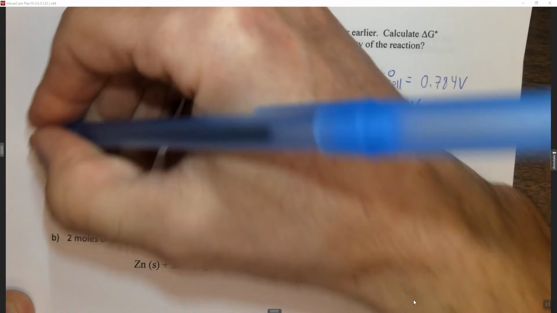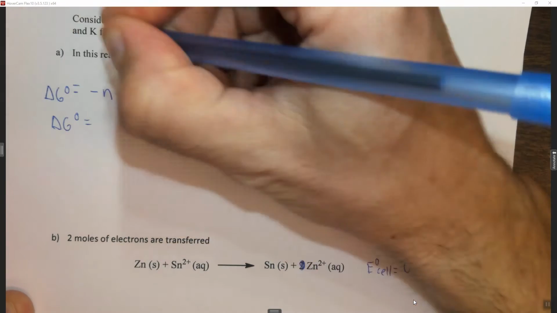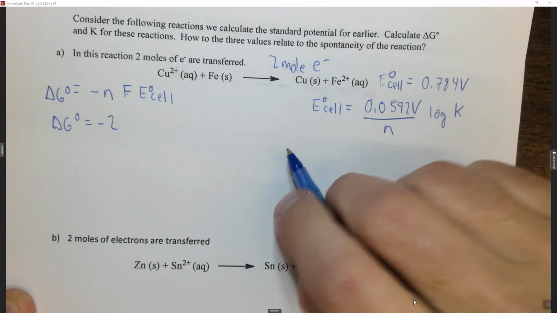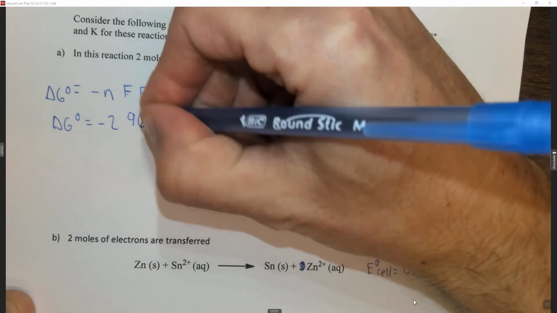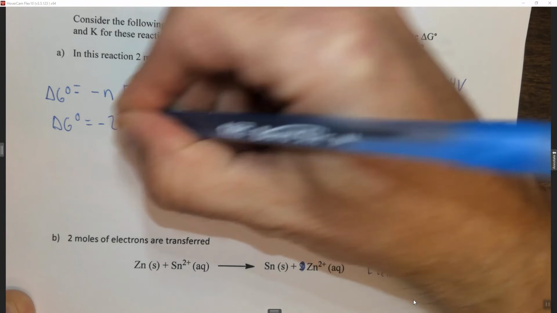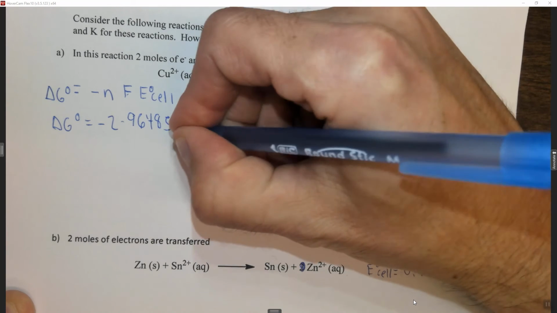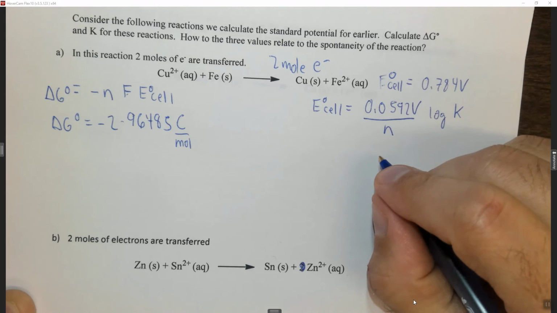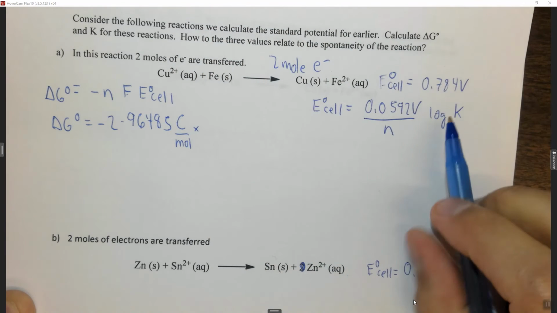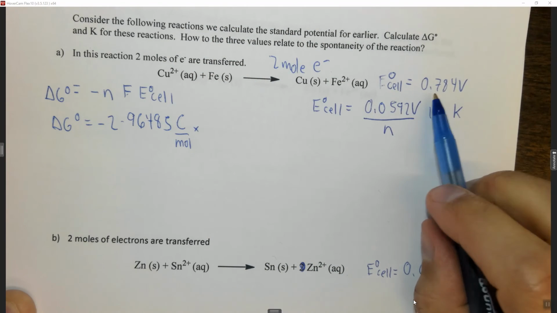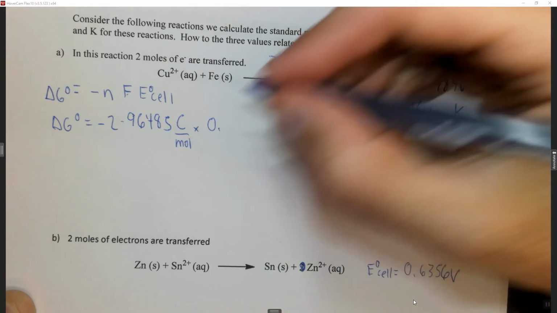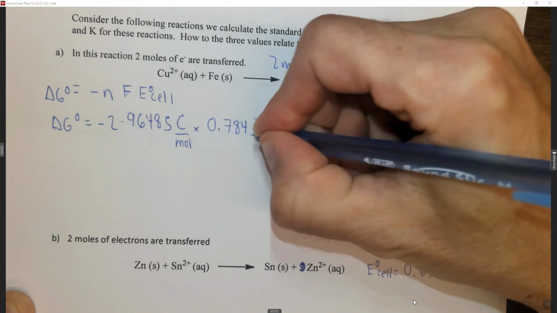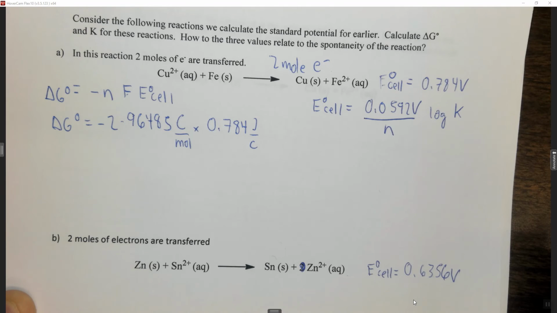So now we have to do delta G naught equals minus 2 times F, which is Faraday's constant, 96485 coulombs per mole, times the E cell, which is 0.784 volts, and a volt is a joule per coulomb.